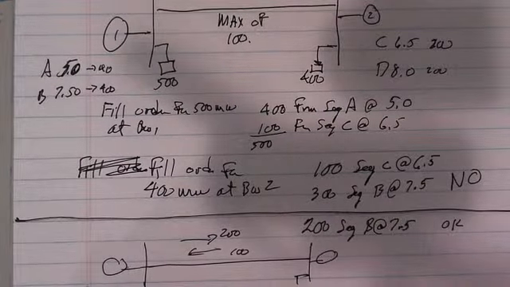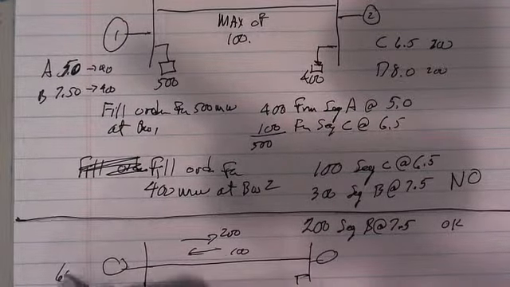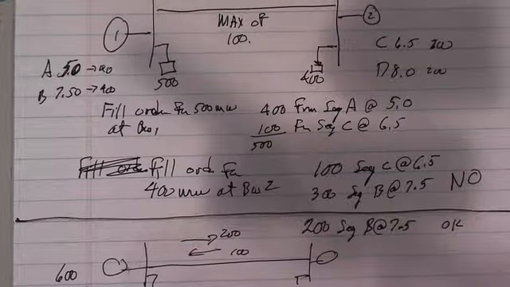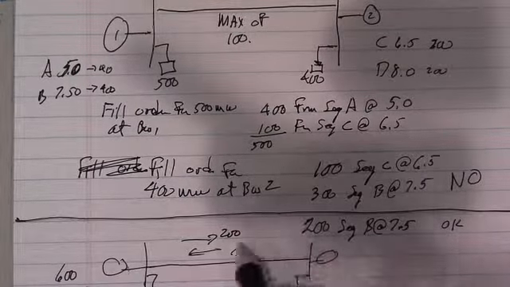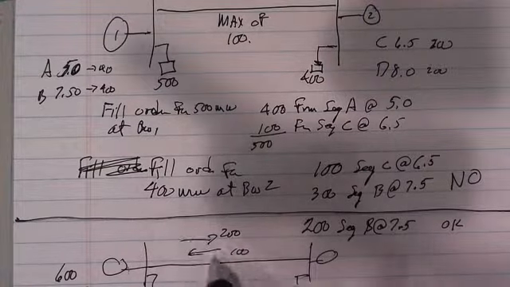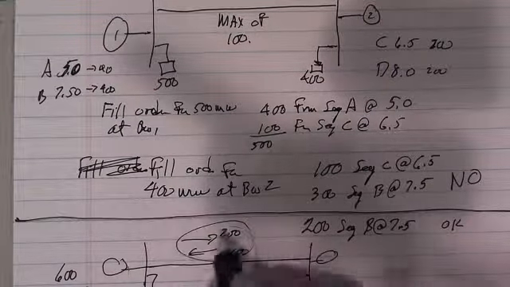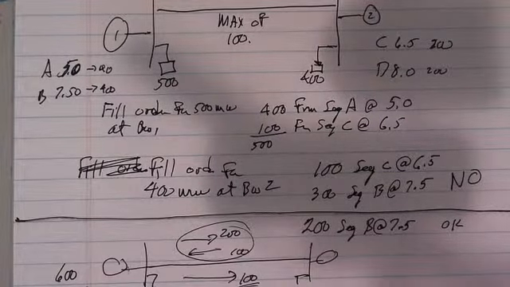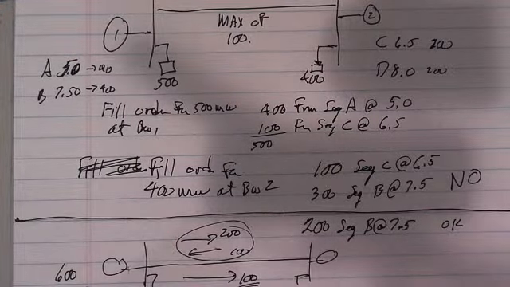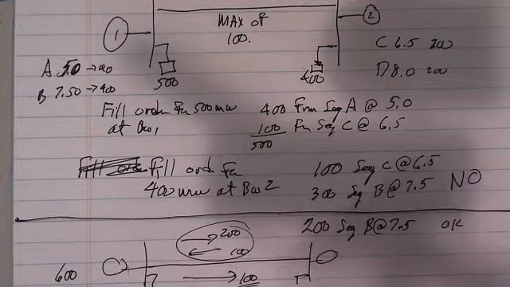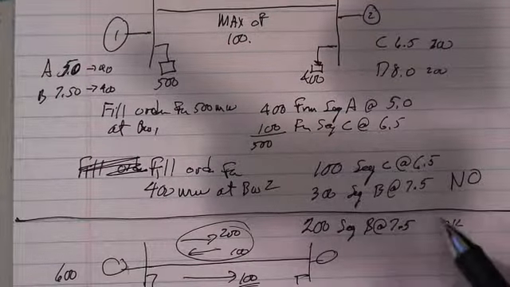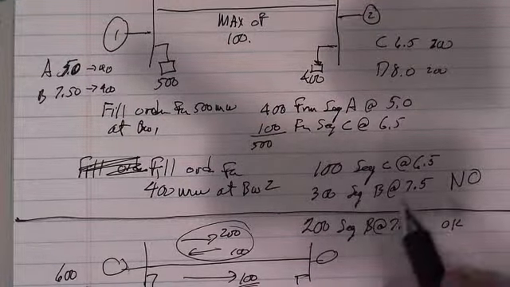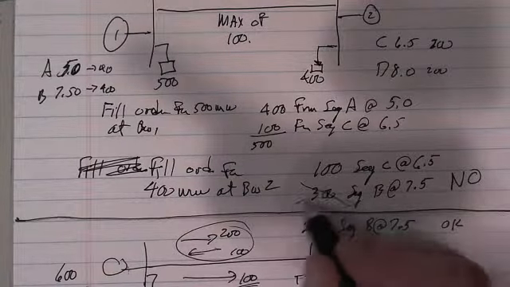This is from A, this is from B. So he gets 600, of which 500 is going here, and because this adds algebraically, he ends up with 100 there, and that's it. He can't get any more of the cheap power from me. And now he's only fulfilled this 400 order. So this one is out.